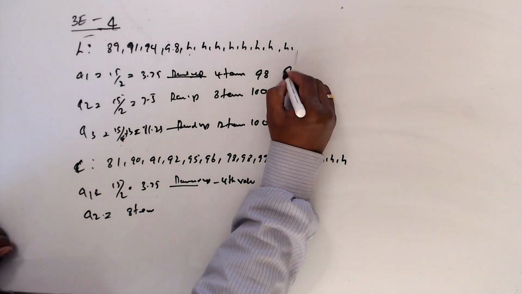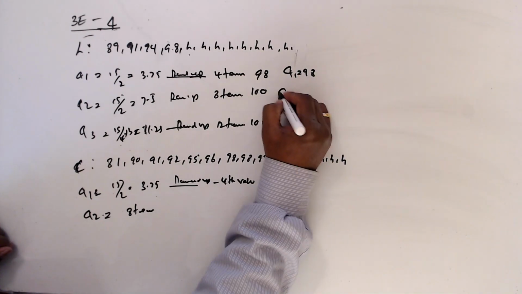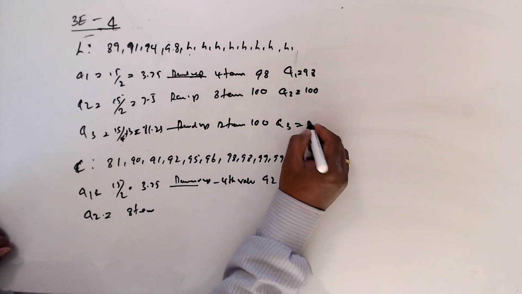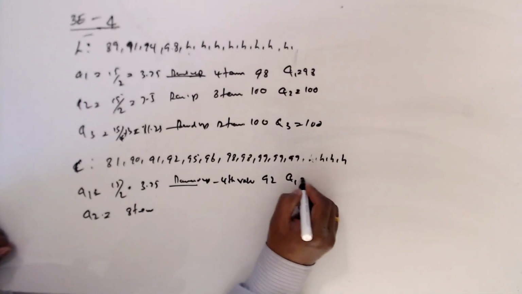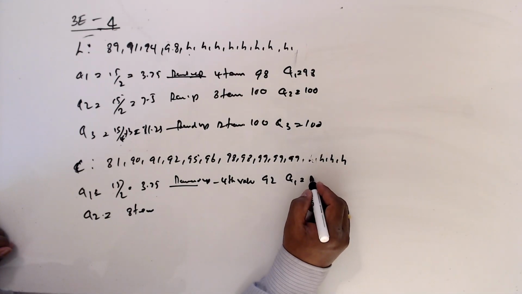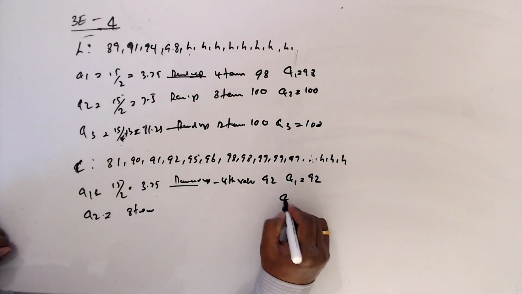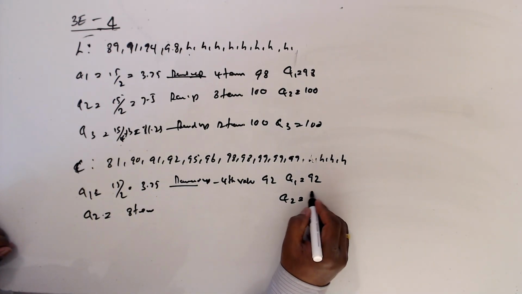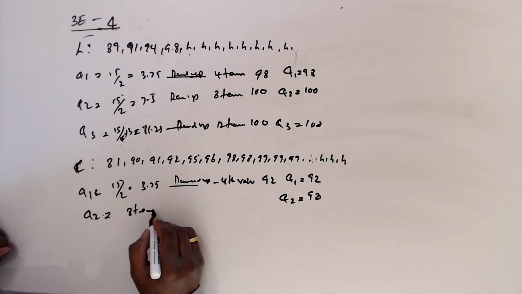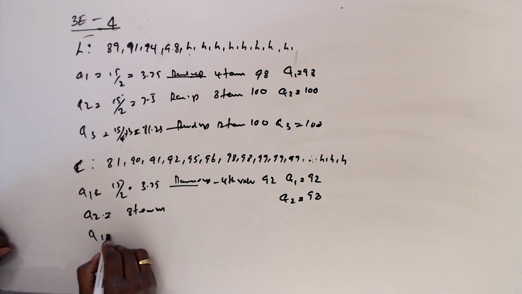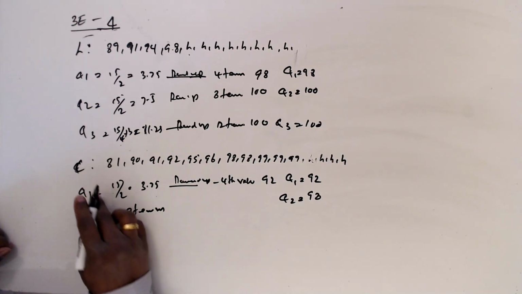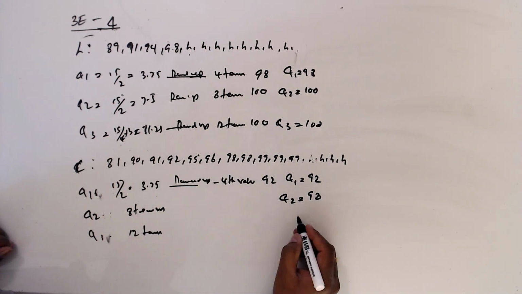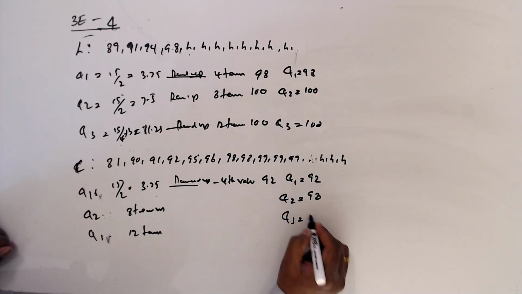So for Lucas, Q1 is 98, Q2 equals 100, Q3 equals 100. For Cambon, Q1 equals 92, Q2 is going to be 98 at the 8th term, and Q3, again the 12th term, is 100.